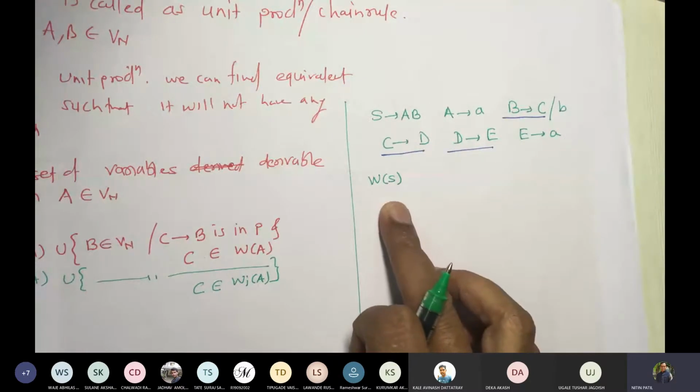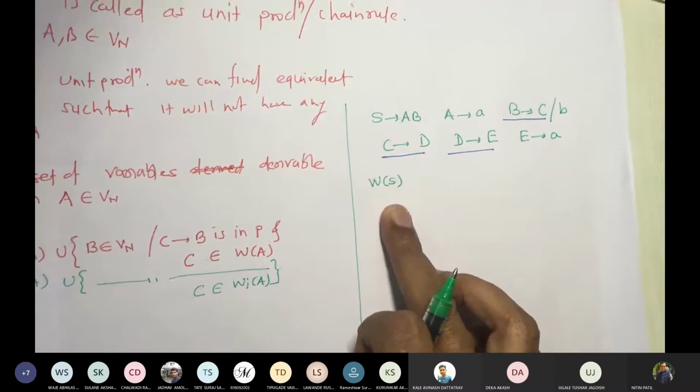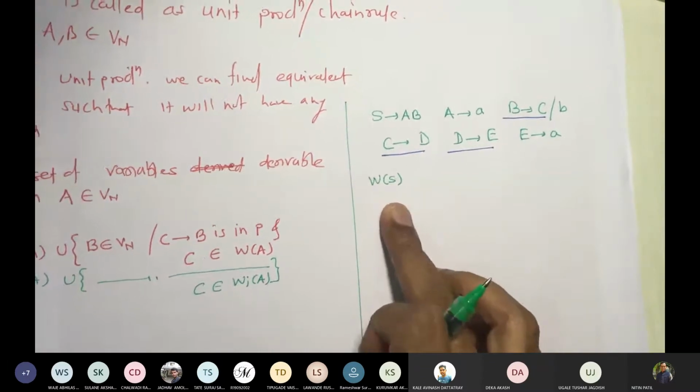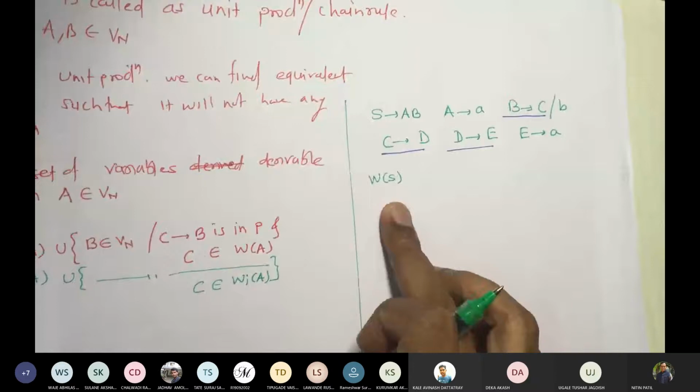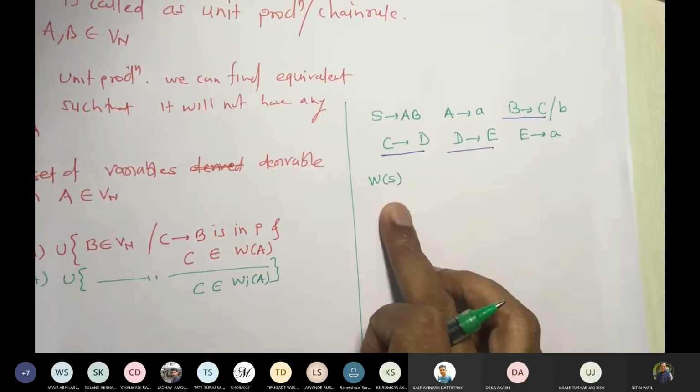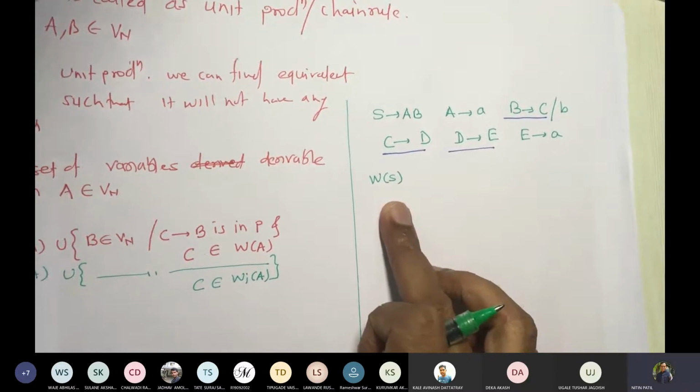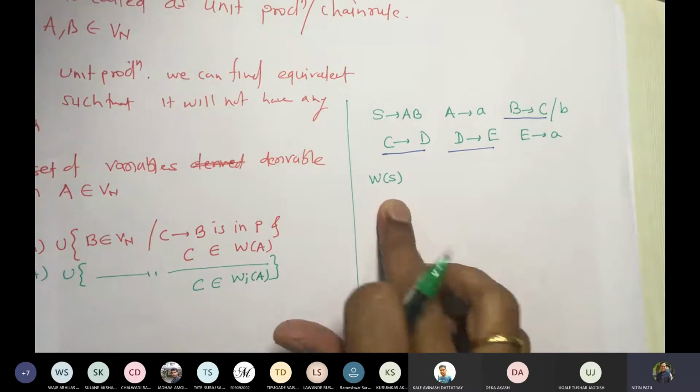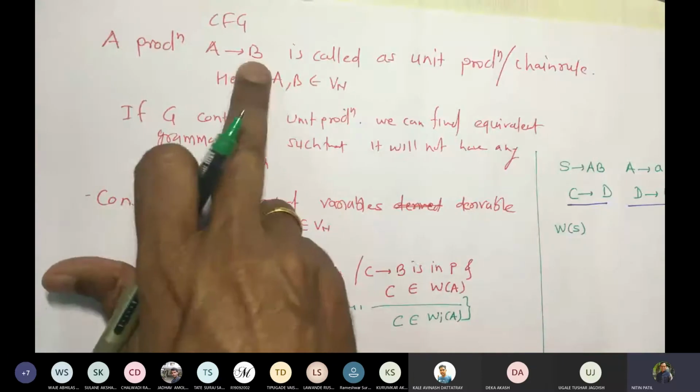Is there any unit production, that is, a variable giving a variable?